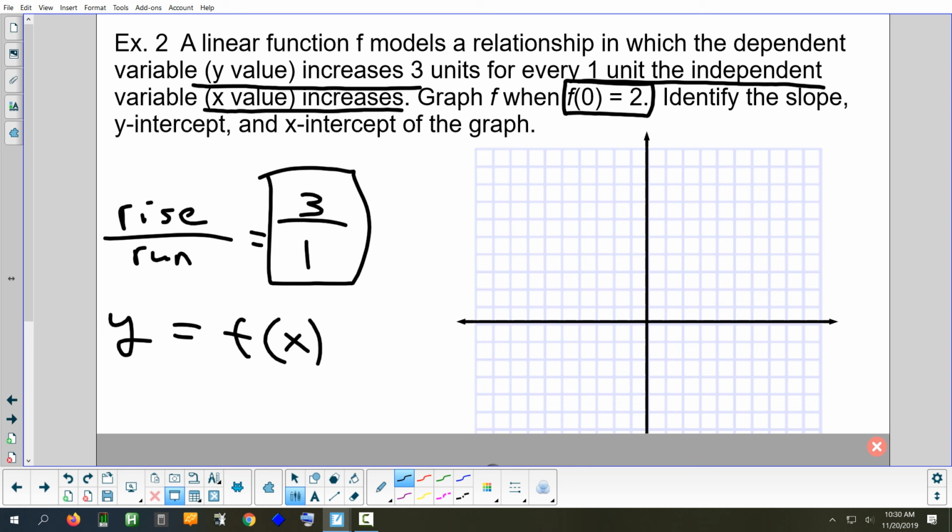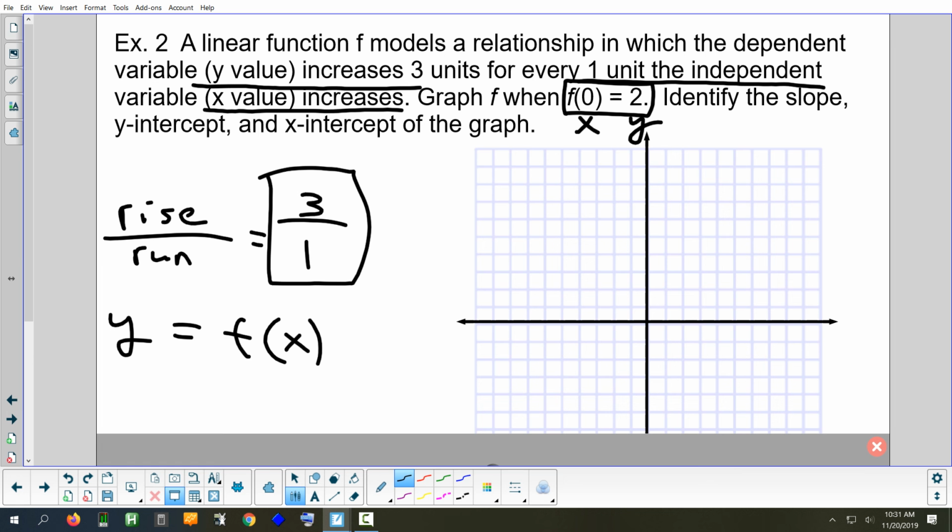So look at that box. 0. What letter is that? That's an x. What's inside the parentheses is an x. The number that it's equal to on the other side is the y. So how would you write that as a coordinate?